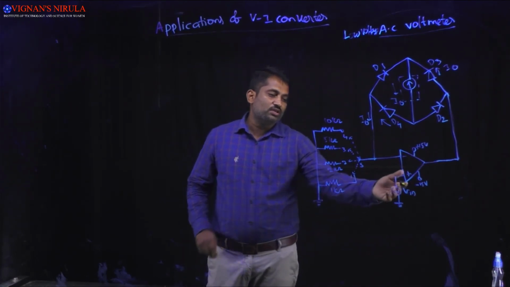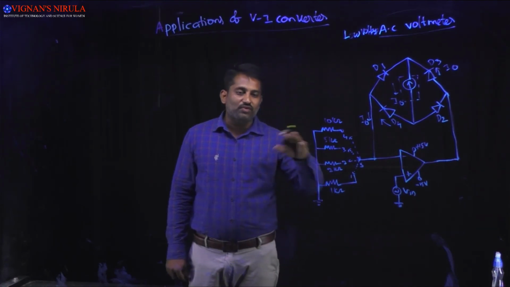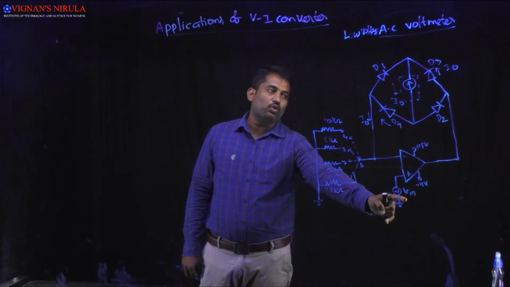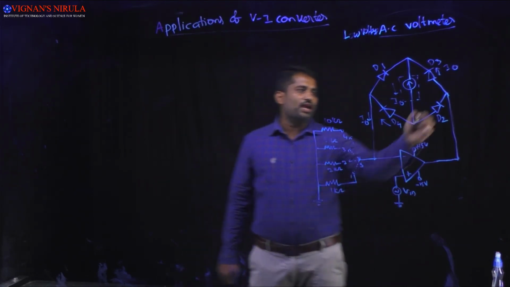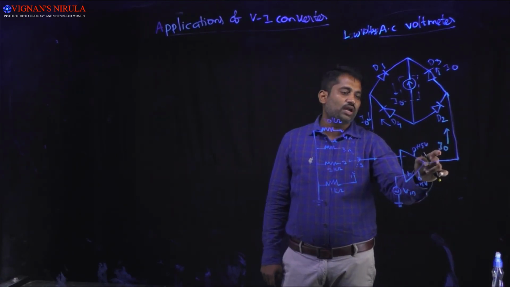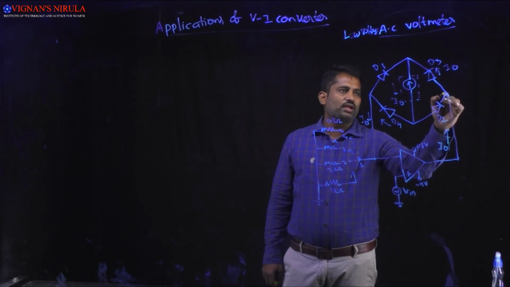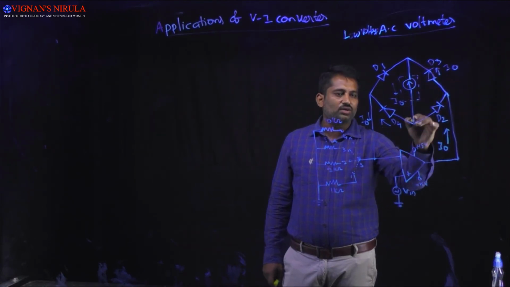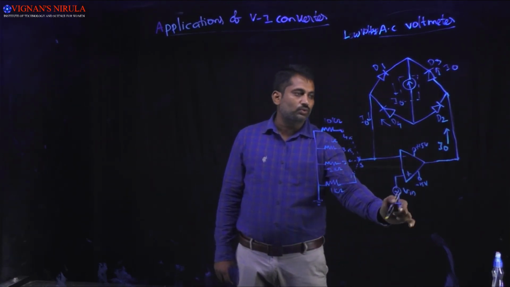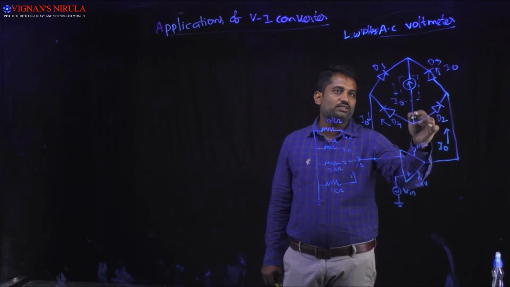So in this case the alternating current I0 will be converted to DC. In case of positive input voltage, this is the I0 current direction, the alternating current I0. When Vin is positive, the diodes D3 and D4 will be conducting, and when Vin is negative, the alternating current I0 passes through D2 as well as D1.